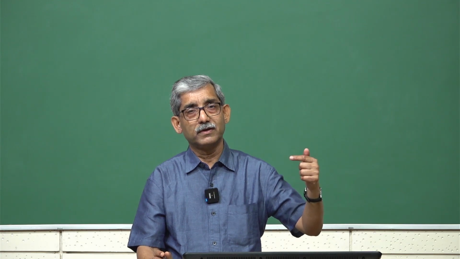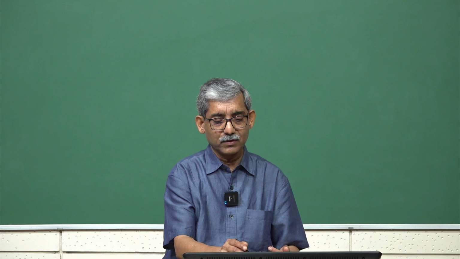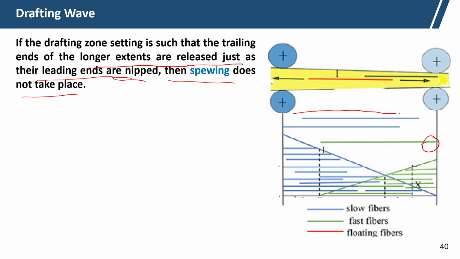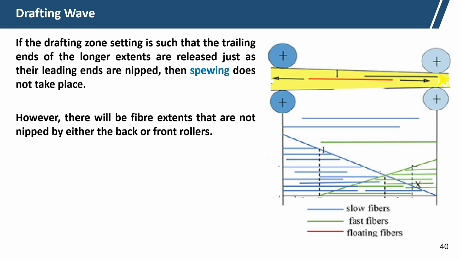So, if the fiber is gripped by the front roller, this is the front roller and here is the back roller, and by that time the fiber is released by the back roller nip, then spewing does not occur. However, there will be fiber extents that are not nipped by either the back roller or the front roller.